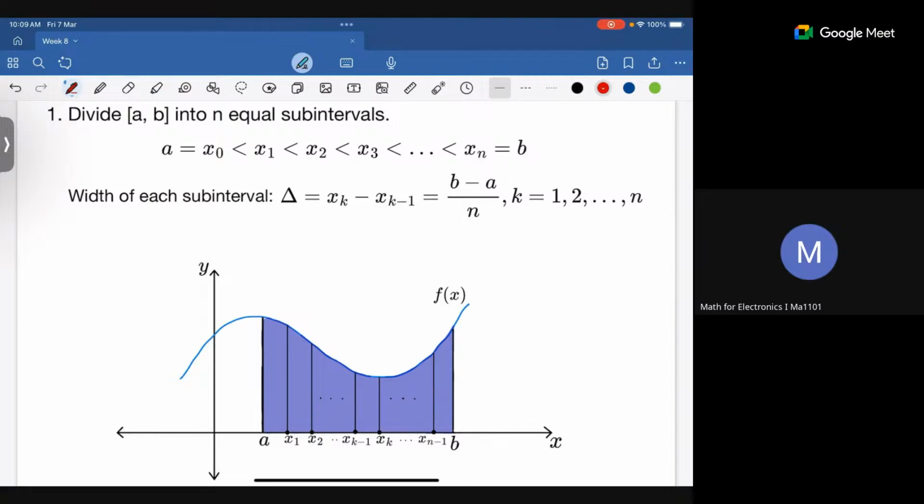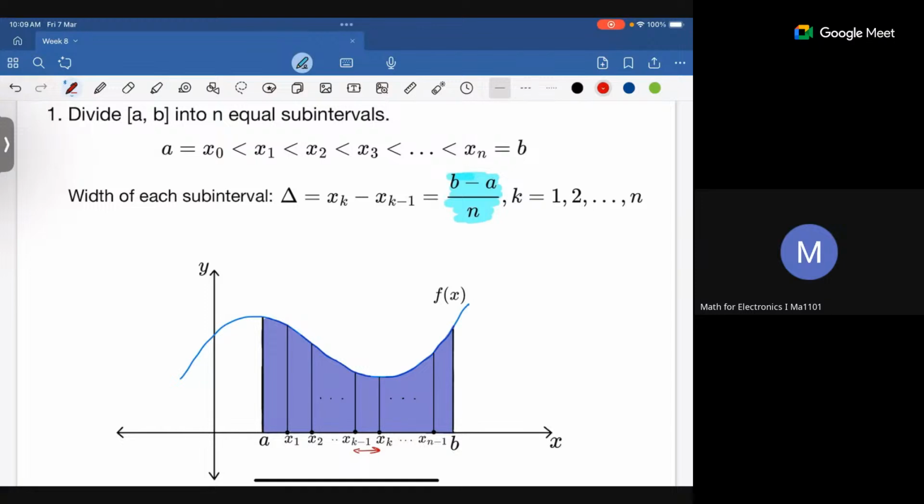When I say equal intervals, the total is b minus a, and I have to have the same length in n intervals. So each interval will be b minus a by n, right? So delta here represents the subinterval length, the width of each interval. So this width, xk minus xk minus 1, should be b minus a divided by n.